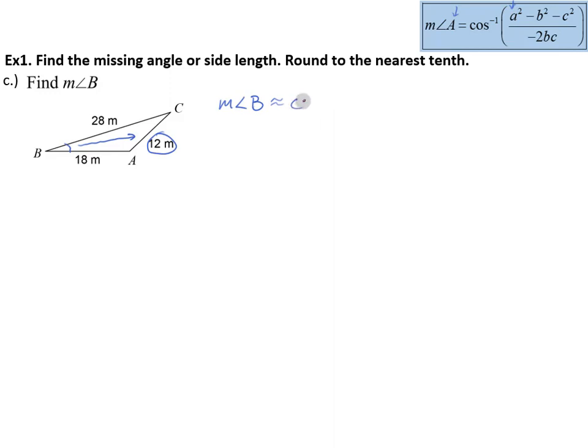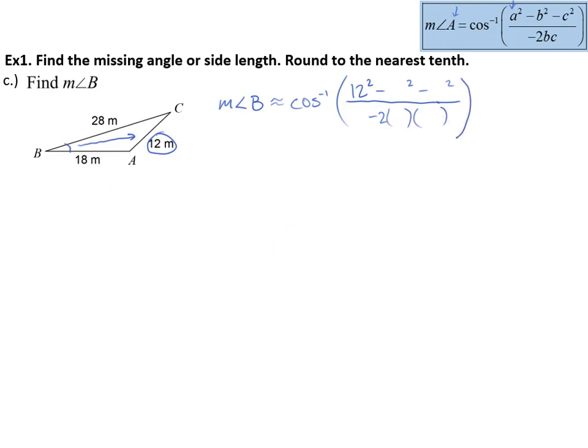So we need the inverse cosine of this big fraction. And it starts off with the side opposite it squared, 12 squared. Then it's minus, and everything else in here has to do with the other two sides. One of the sides squared and the other side squared over -2 times the other two sides. Okay, so lots of things to fill in here.